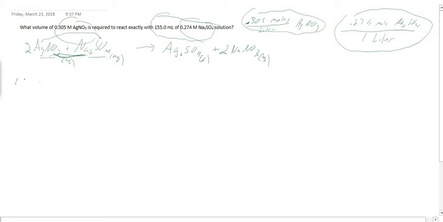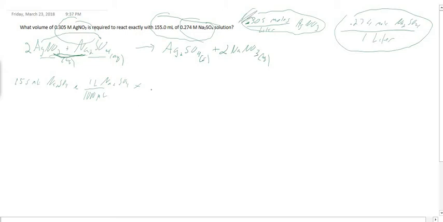And so I'm going to write down I have 155 milliliters of that Na2SO4 solution. And I never deal in milliliters when I'm dealing with molarity, so I know that there are 1,000 milliliters in 1 liter of sodium sulfate. Now I can use this conversion factor that I wrote down right here.